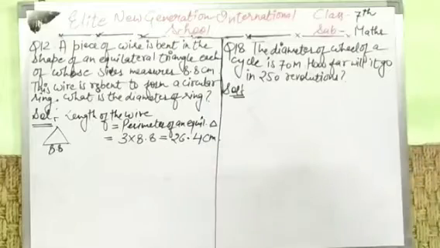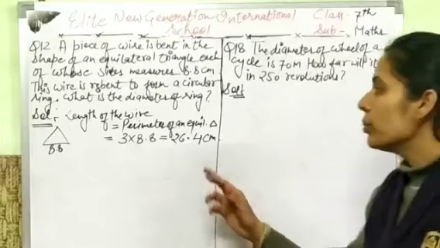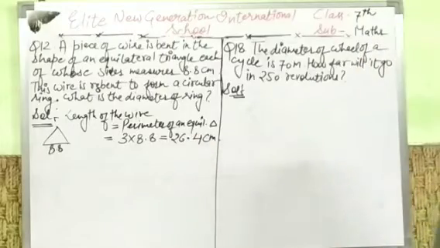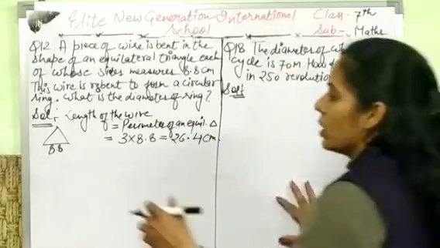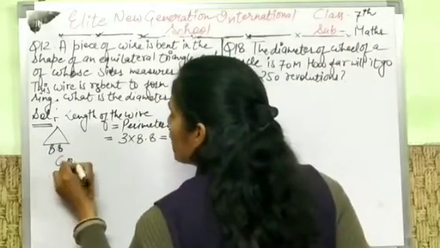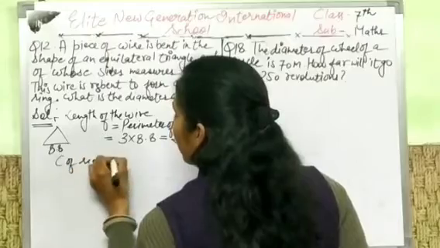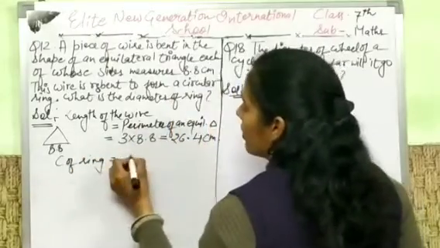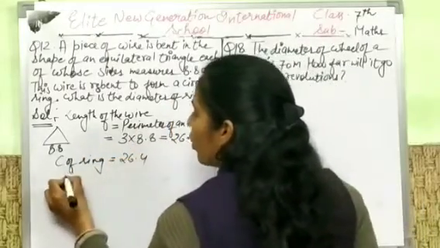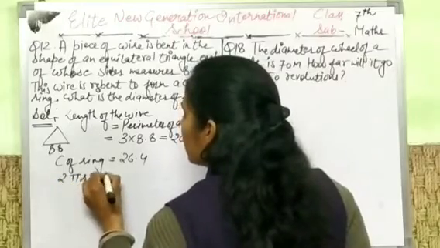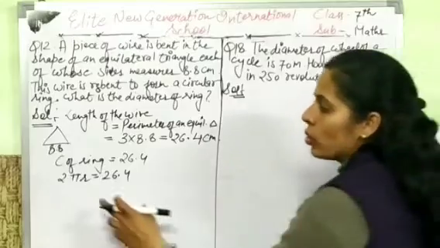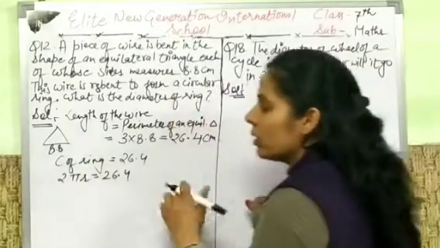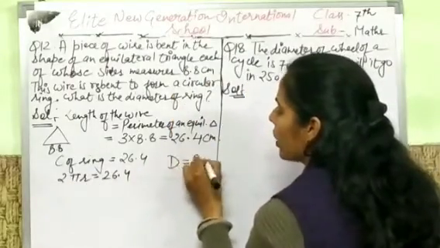Okay. So now that we have the perimeter of the equilateral triangle, we can put it equal to the circumference of the ring, because the wire is the same in both cases. So we can write the circumference of the ring is equal to the perimeter of the equilateral triangle, which is equal to 26.4. And the formula of circumference is 2 pi r. Because here we have to find the diameter, we can directly put d equals 2r, as we all know.